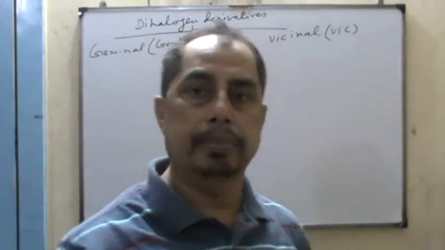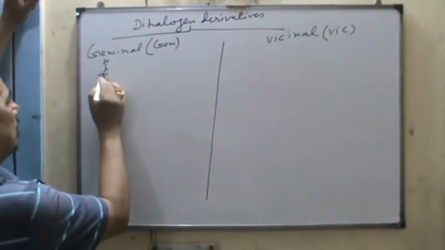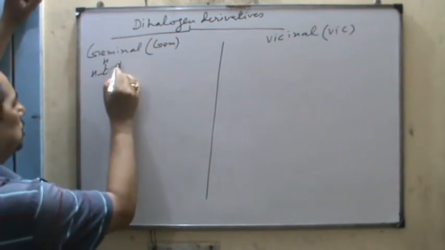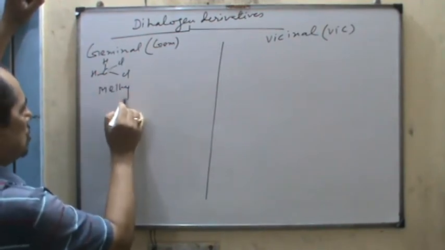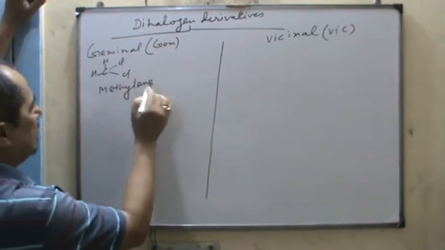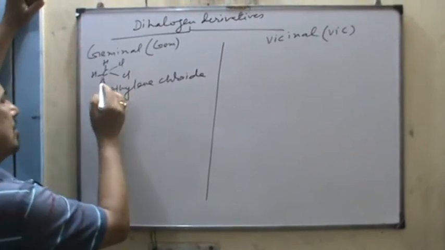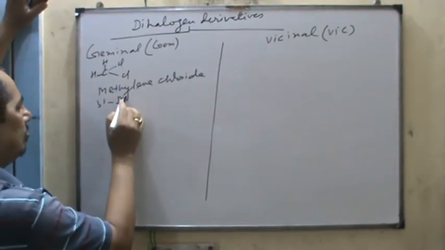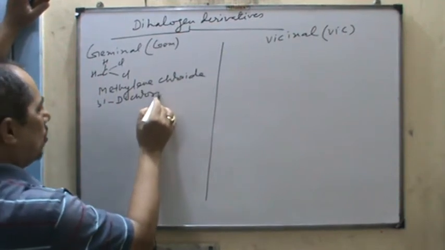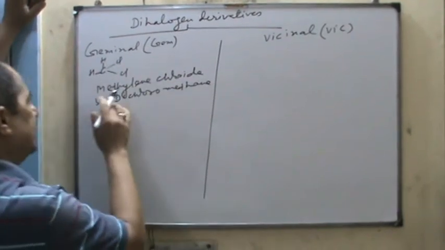At the same carbon, I write here like CH2, Cl and Cl. It is called as common system methylene chloride, or IUPAC system 1, 1 comma 1, dichloromethane. It is geminal halide.